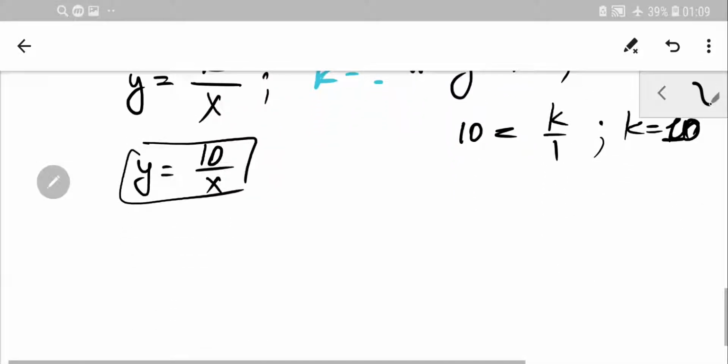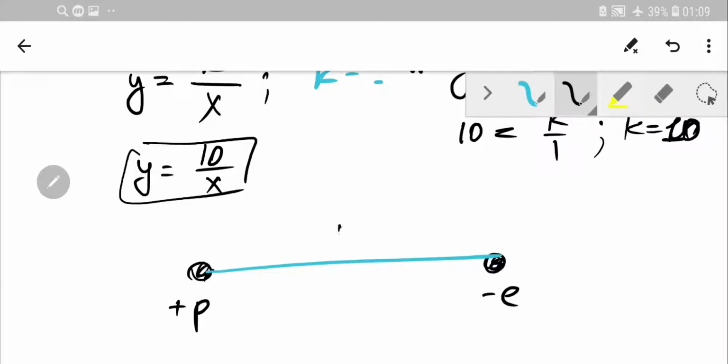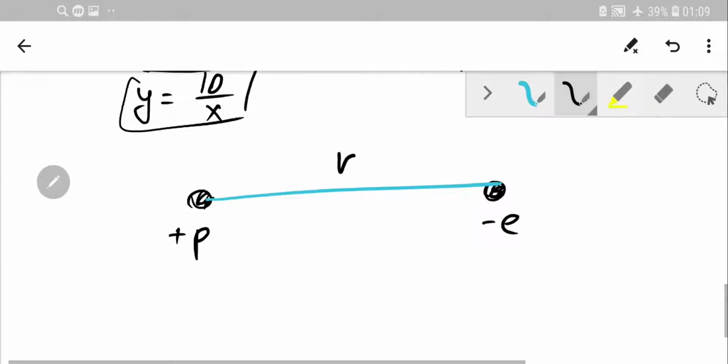So probably I can give you an example from physics. Let's say we have two charges, a positive one, let's say a proton, and a negative electron. If you connect them with a straight line, you'll have the distance r. So r is the distance. And you know, according to Coulomb's law, there is a specific force of attraction, right?